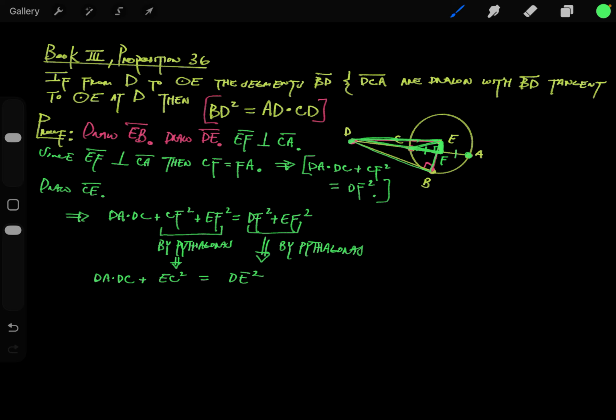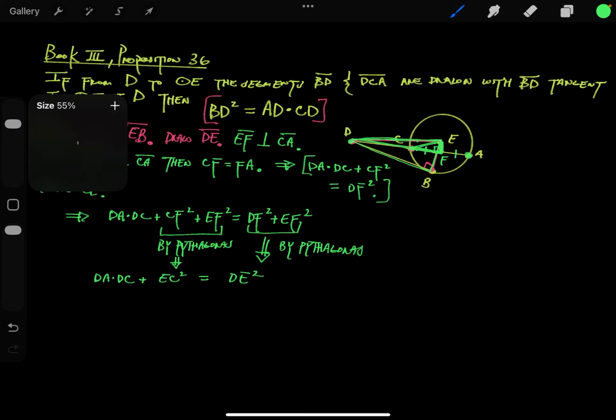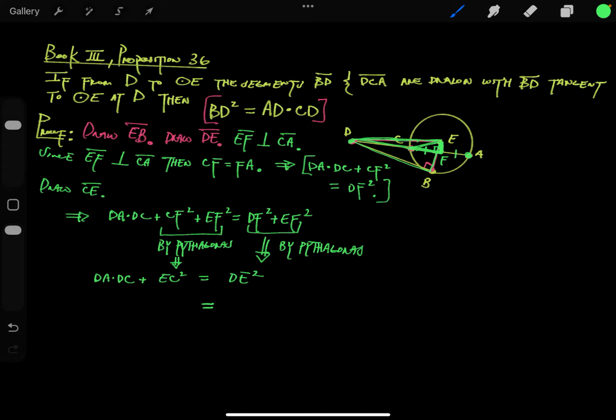And what do I need to show at the end? I need to show that this equals, okay, we're almost done. Now we got that EC squared, EC is the same thing as EB. So let's write that: EC equals EB by radii. So instead of writing EC here, I could write EB.